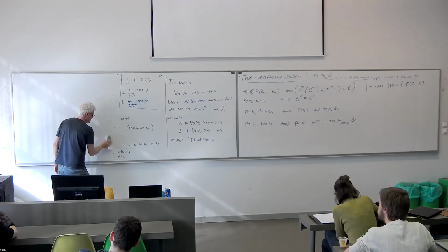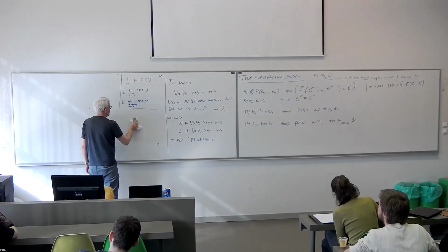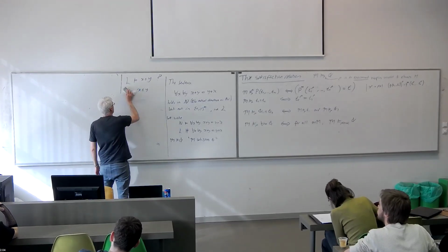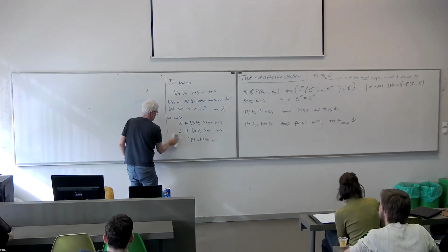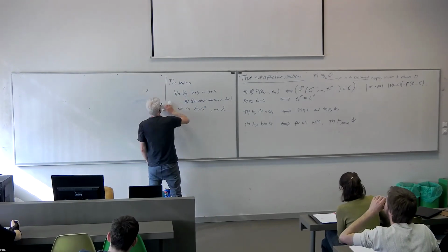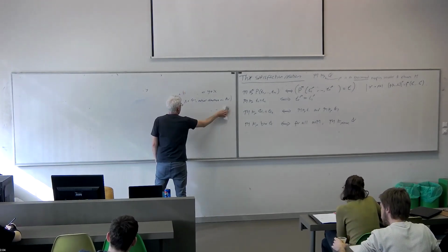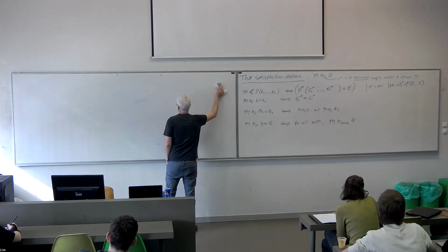It's the same terminology we use in propositional logic, although there we also use the word tautology. In predicate logic we tend not to use the word tautology. It's the same idea. It's valid if it's true in all structures.